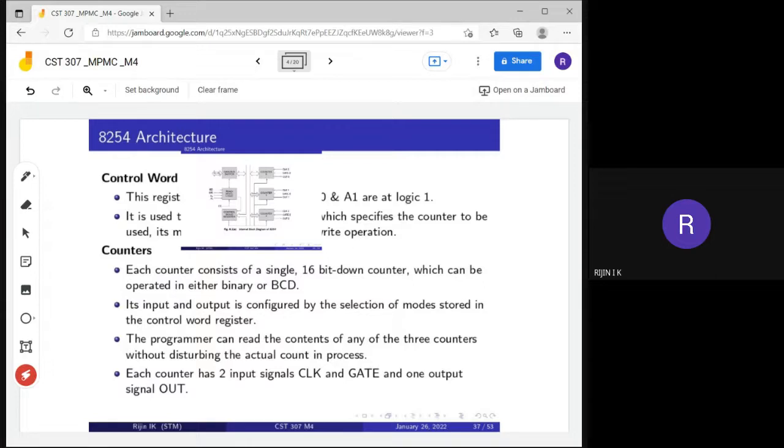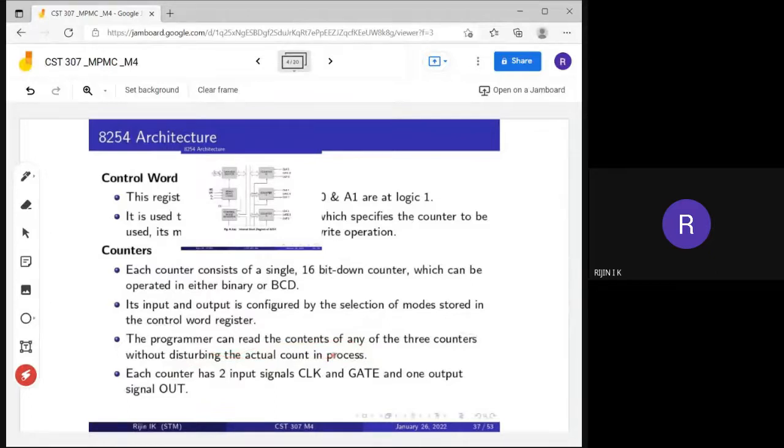Its input and output are also configured by the selection of mode stored in the control word register. And the programmer can read the content of any of these 3 counters without disturbing the actual count process.